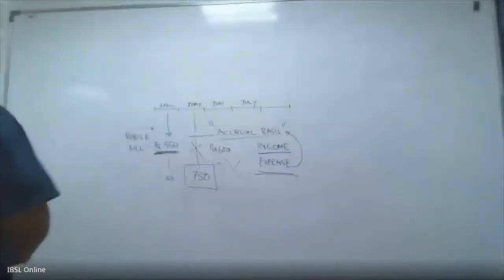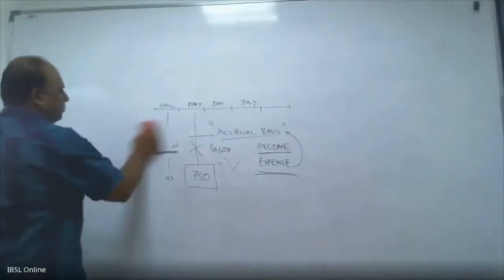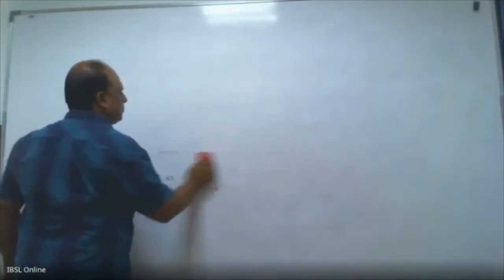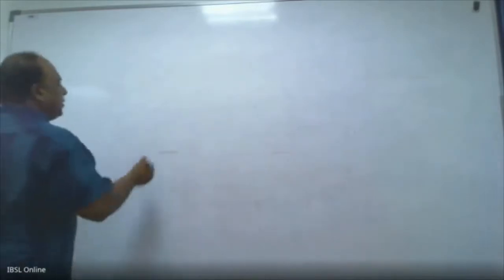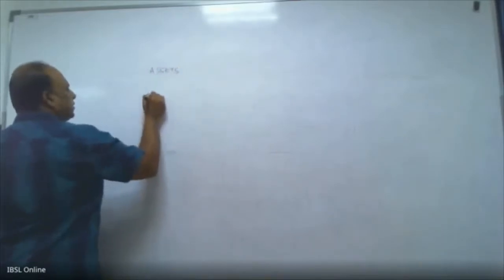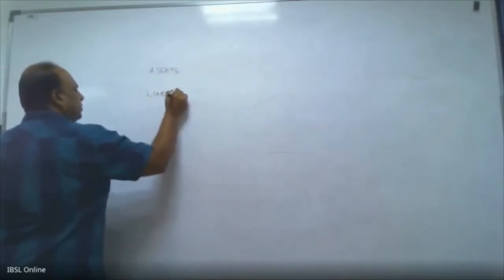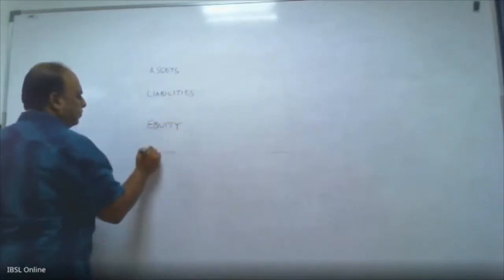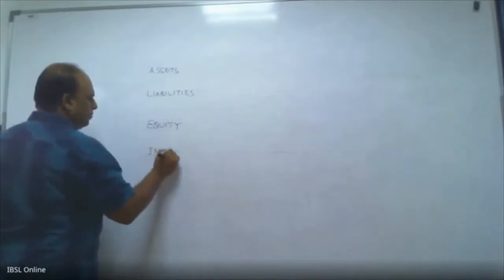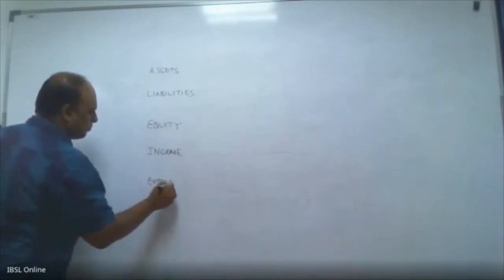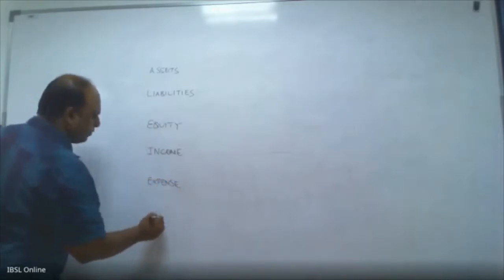Right. Now let's look at it. Okay. So what are we saying? We have elements called assets, liabilities, equity, income, expense, and cash flows.